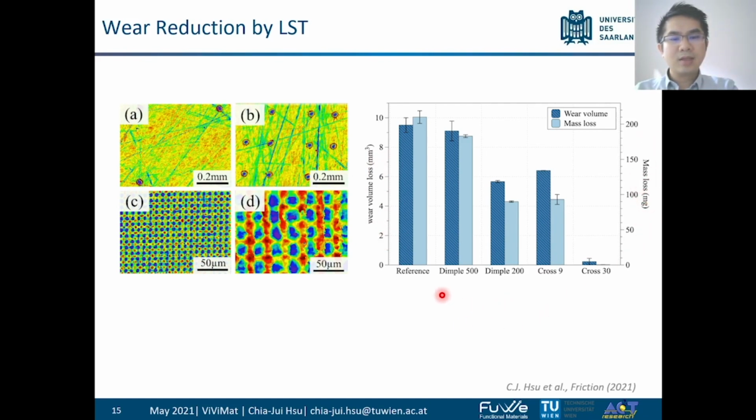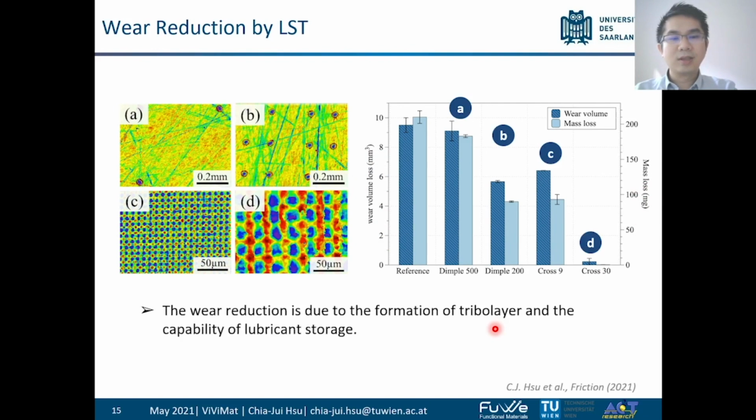We can see that in general, laser surface texturing can reduce the wear from around 10 to 4, and even this one, the D cross 30, is tremendously low. So laser surface texturing provides wear protection, and it is due to the capability of lubricant storage.